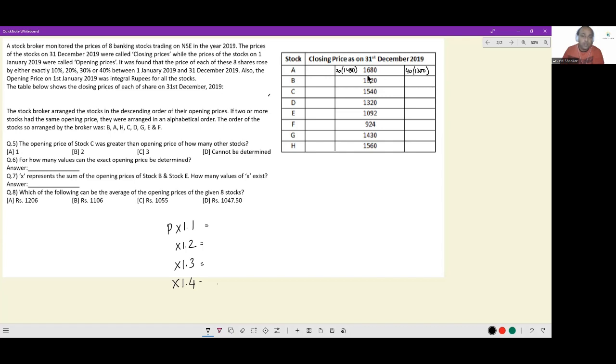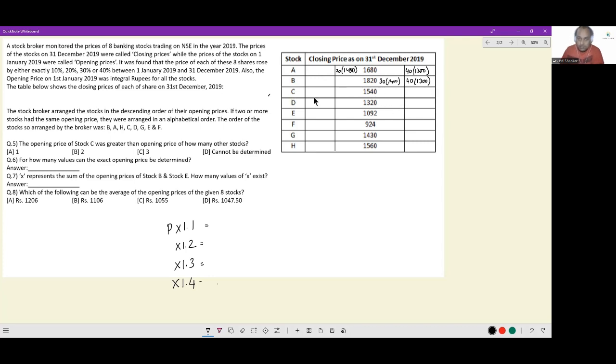It could not have increased by 30% because this is not a multiple of 13. With that in mind, 182 is 13 into 14. So perhaps there is a 30% increase or a 40% increase. If there is a 30% increase, then the initial price must have been 1400. Or if there is a 40% increase, the initial price must have been 1300.